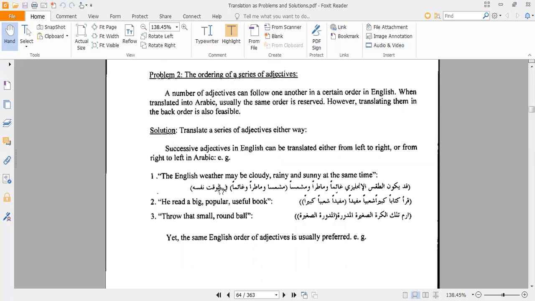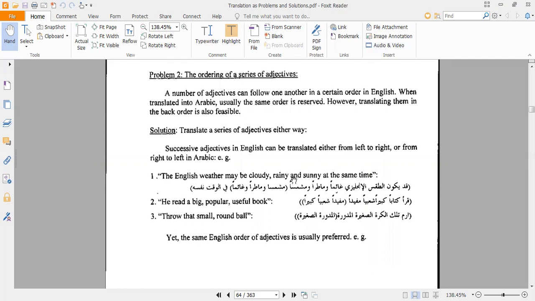The three adjectives describe only one thing, which is the English weather.